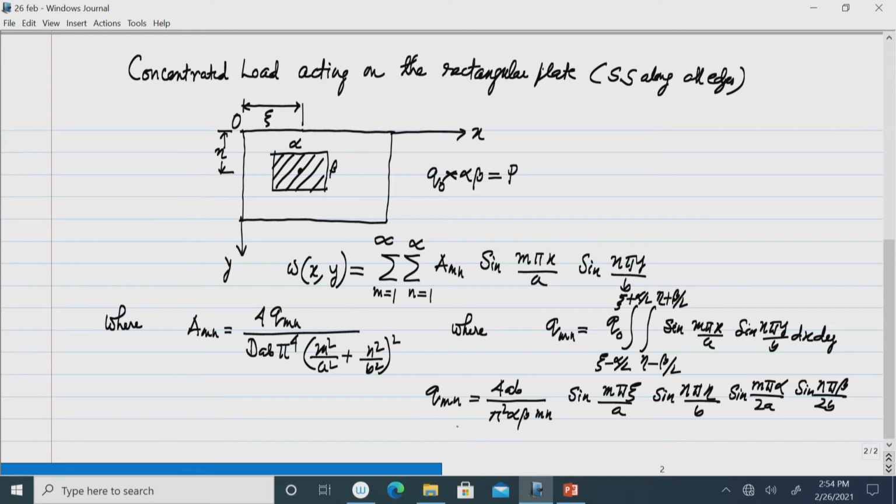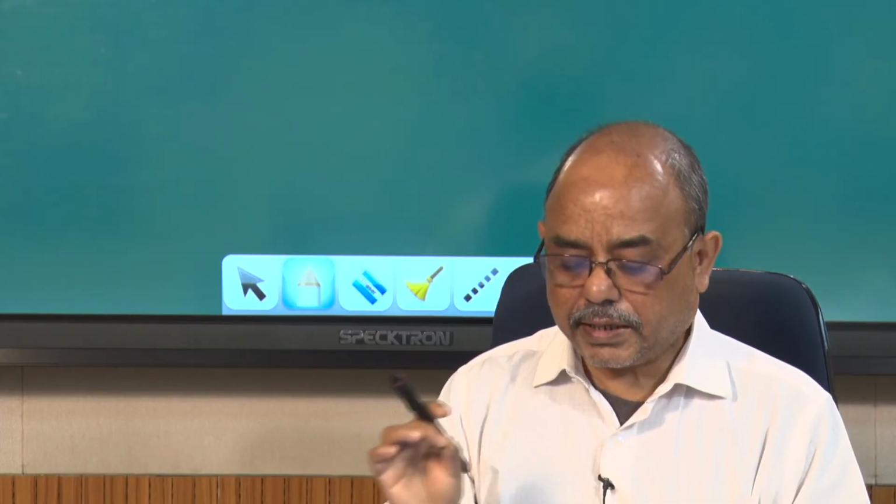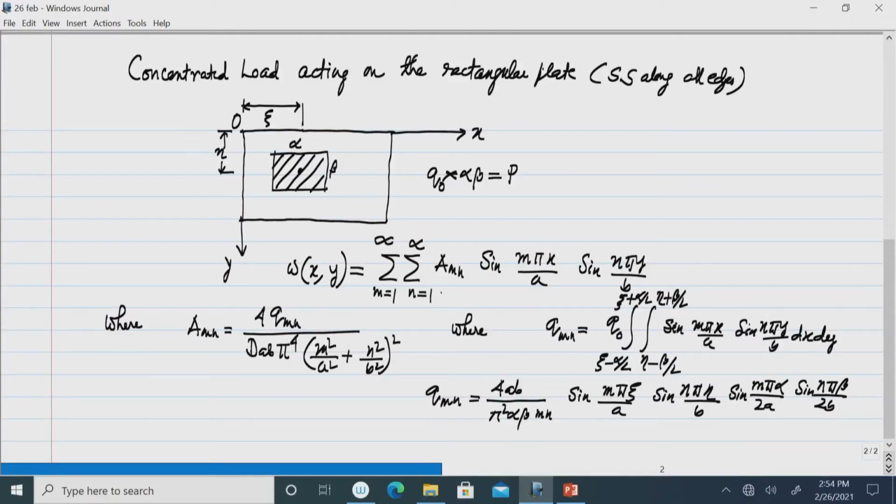Only Qmn is of concern, because Qmn carries the variables which are the location of the load and the extent of the load. If I take the limit of Qmn as α and β tend to 0, then we will be able to find the appropriate value of Qmn and hence Amn that have to be substituted in the expression for W to get the deflected surface of the plate.